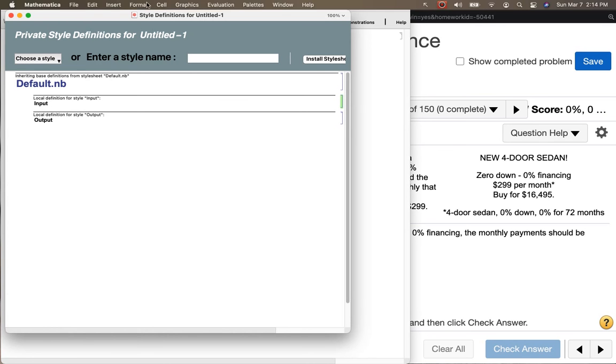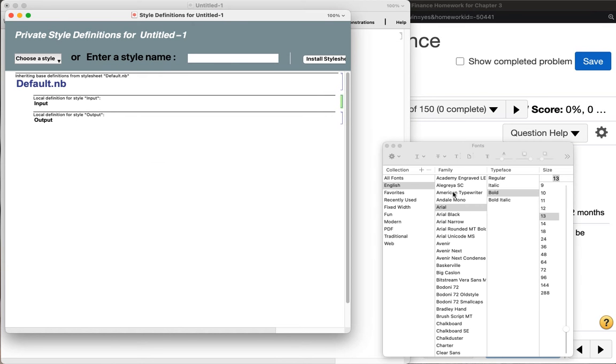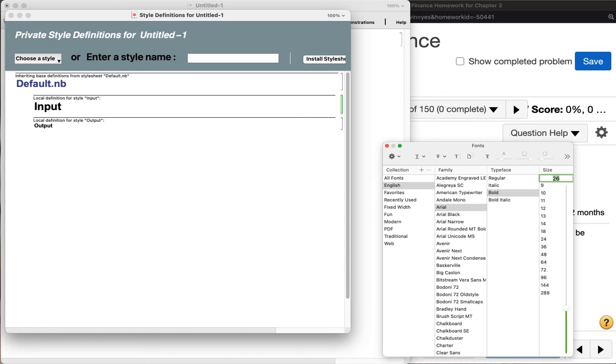Okay. And let's see, Show Fonts. I'm going to make that, let's say, 26. And I'm going to do the same for the output. Make that 26.